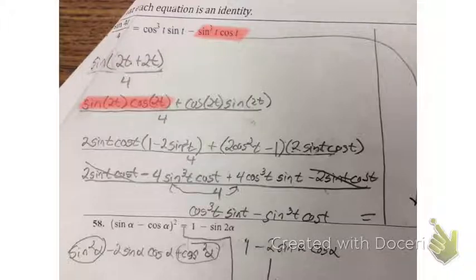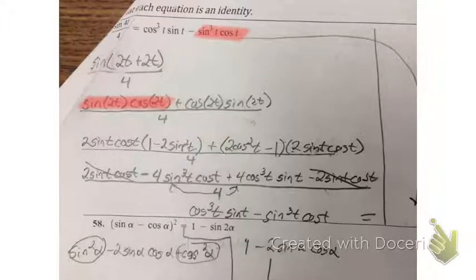So for cosine 2t, I'm not going to pick the one that's cosine squared minus sine squared, because that's going to create a cosine cubed here and a sine cubed, which is a big mistake. I just need to create sine cubed, so I'm going to change that to the sine squared version. Okay? Because we have the 3 choices. Does that make a little more sense?